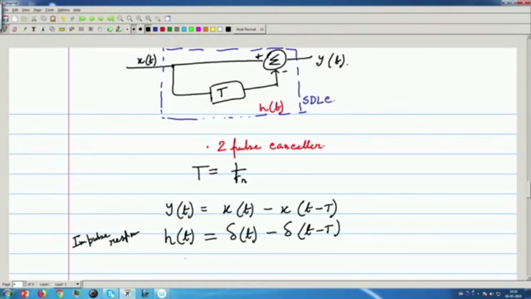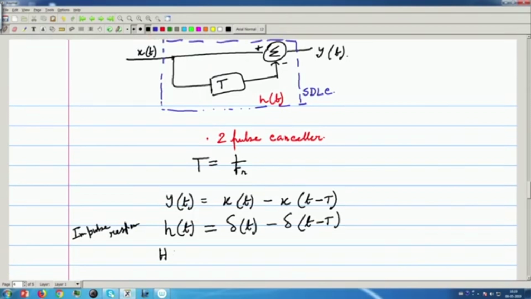So, I can write its transfer function, the steady state response, from here I know it is 1 minus e to the power minus j omega T, where omega is nothing but 2 pi into f.